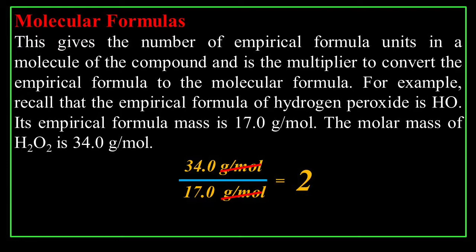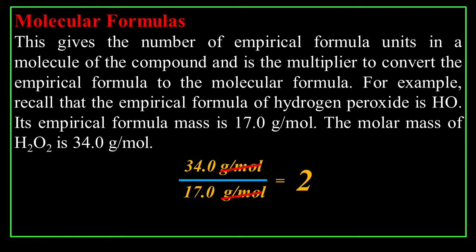For example, recall that the empirical formula of hydrogen peroxide is HO. Its empirical formula mass is 17 grams per mole. The molar mass of hydrogen peroxide is 34 grams per mole.